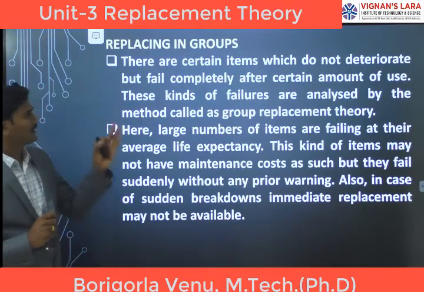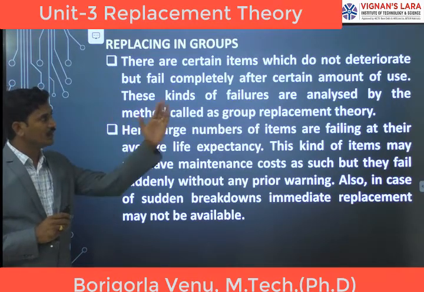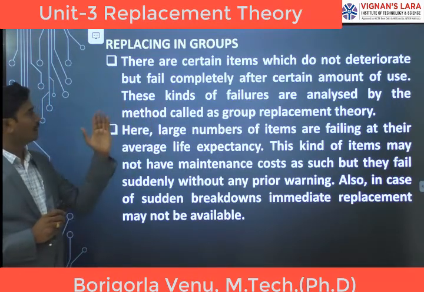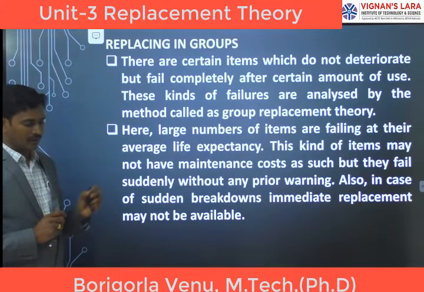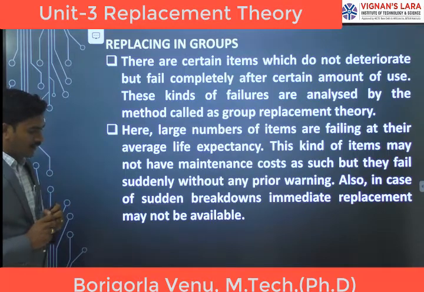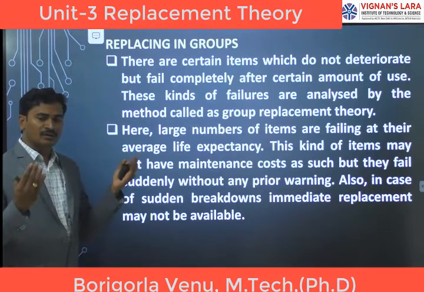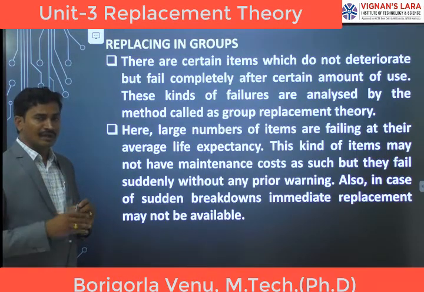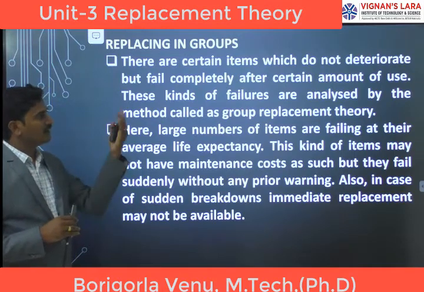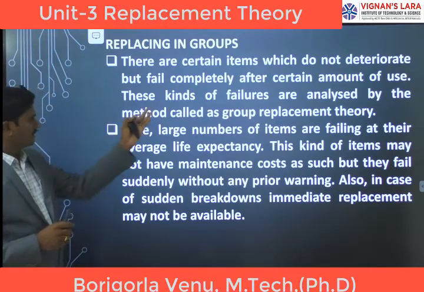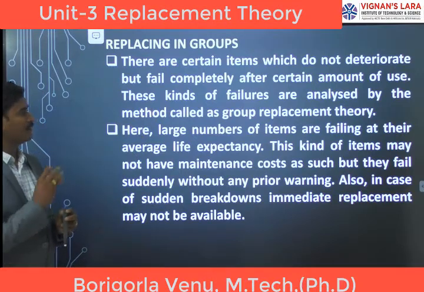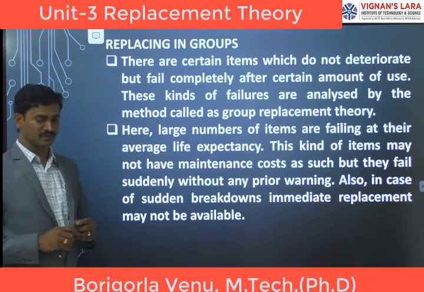Here there are certain items which do not deteriorate but fail completely after a certain amount of use. The item will fail without warning, suddenly after some usage. These kinds of failures are analyzed by the method called group replacement theory.